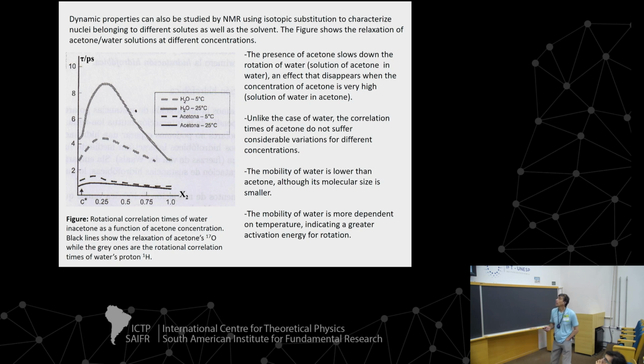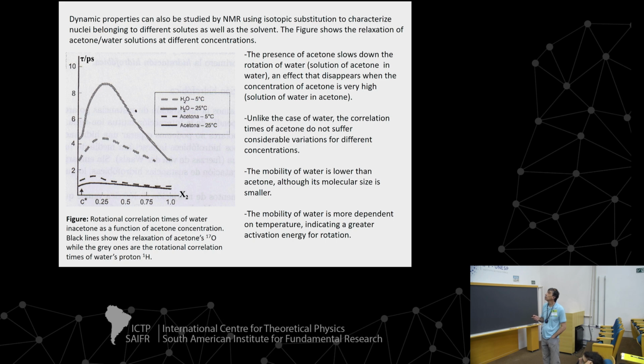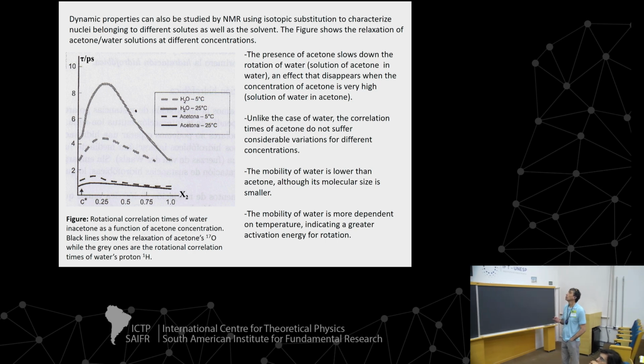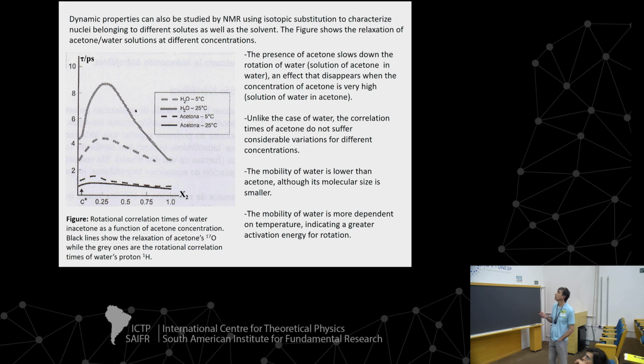Here we have NMR studies of water with acetone, and this is the concentration of acetone in water. Basically what we see is that the presence of this molecule slows down the rotation of water, but this happens at low concentrations of acetone.